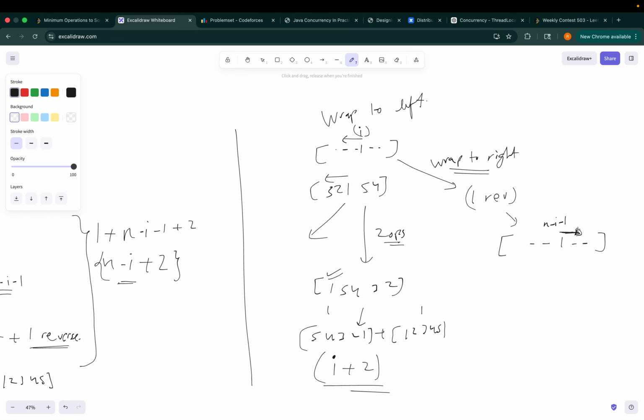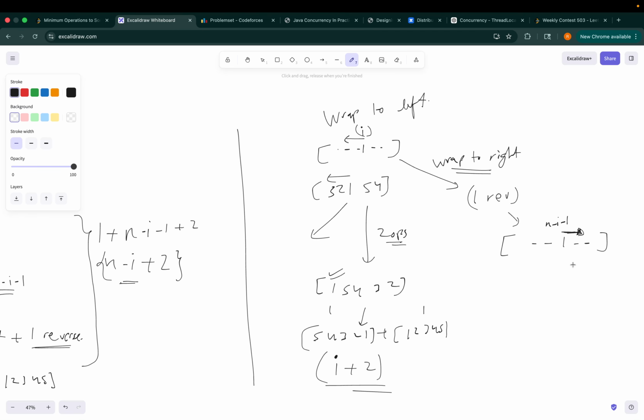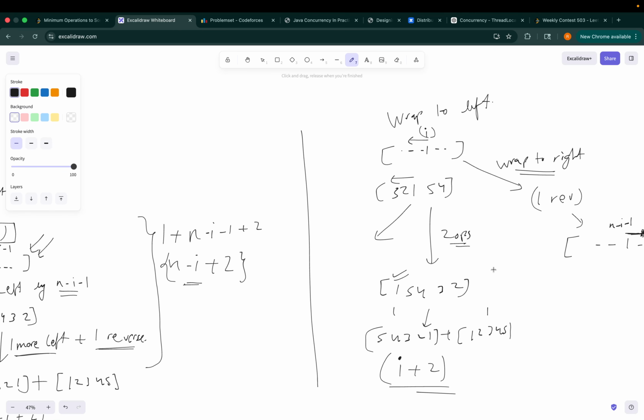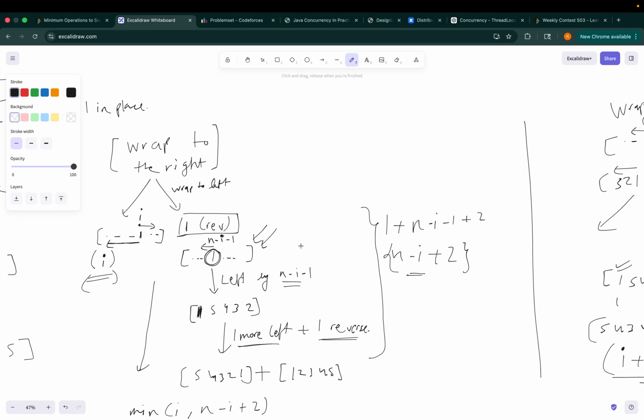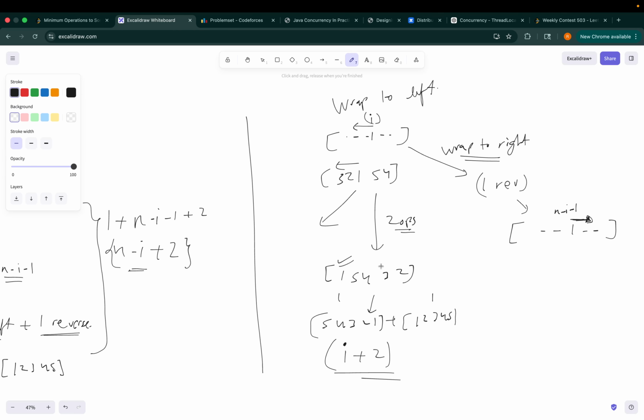Okay, yeah. And since it is wrapping to the right, what can you do? You can simply do like I operations maybe.